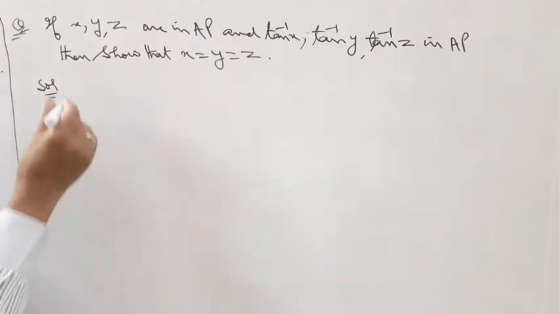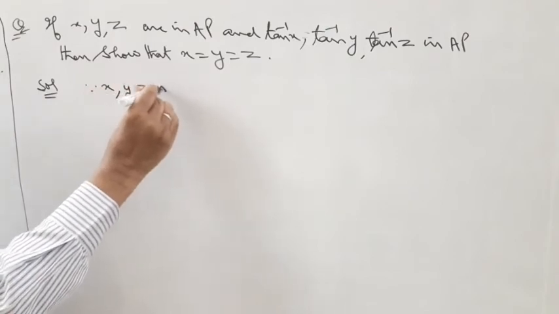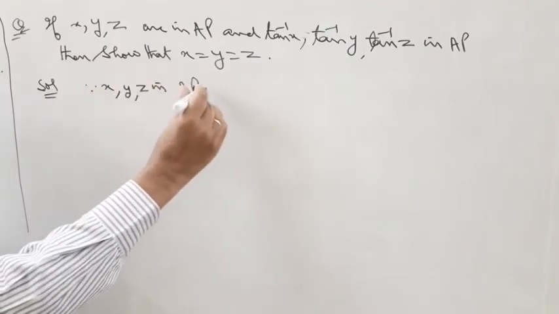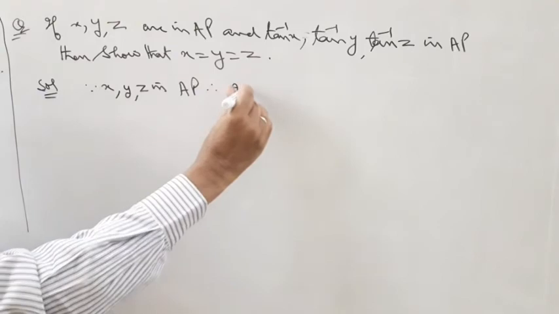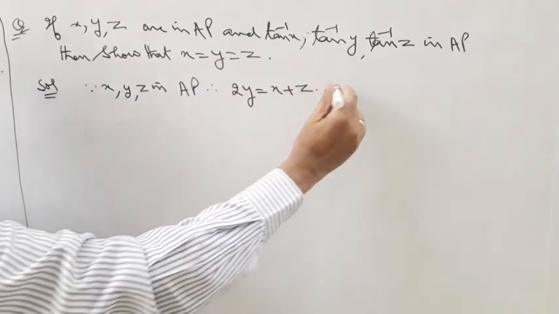Now see, because x, y, z are in AP, therefore 2y is equal to x plus z. Say this is number 1.